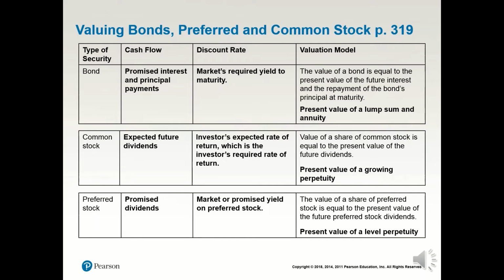With preferred stock, there is a known dividend that you're expecting. To calculate the valuation of a preferred stock, we would look at the present value of a level perpetuity. That's one that does not grow in value.